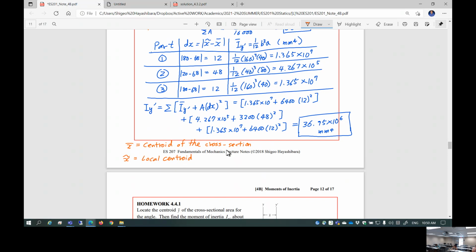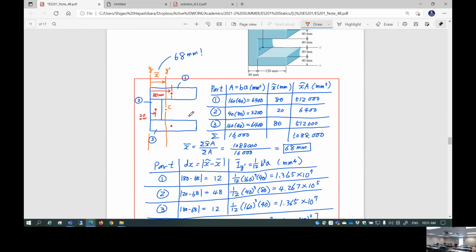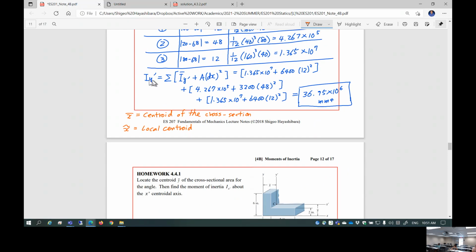Those are both measured from coordinate y, sorry, not x. But y is not the centroidal axis. Y prime is the centroidal axis. That's what I want to have.